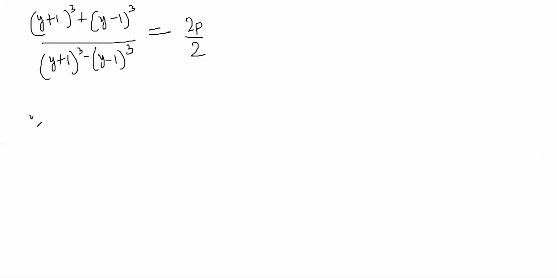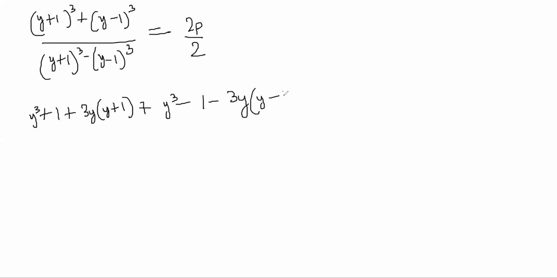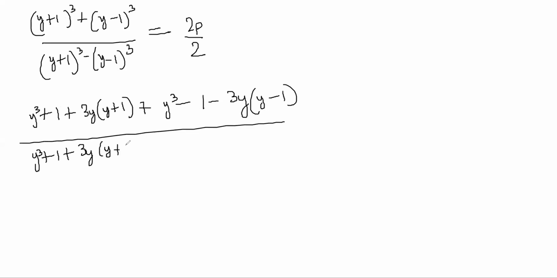So this is y cube plus 1 plus 3y(y plus 1) plus y cube minus 1 minus 3y(y minus 1), by y cube plus 1 plus 3y(y plus 1) minus y cube plus 1 plus 3y(y minus 1). I've just used a cube plus b cube plus 3ab(a plus b), right?